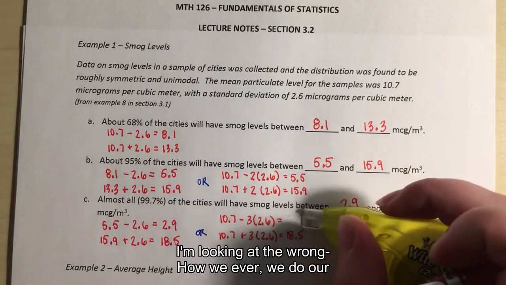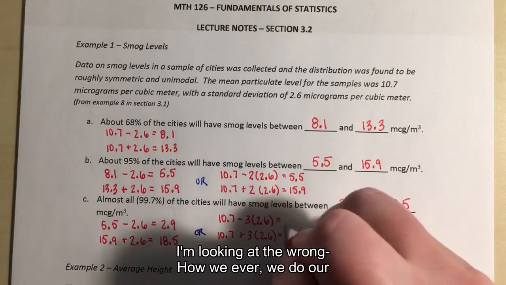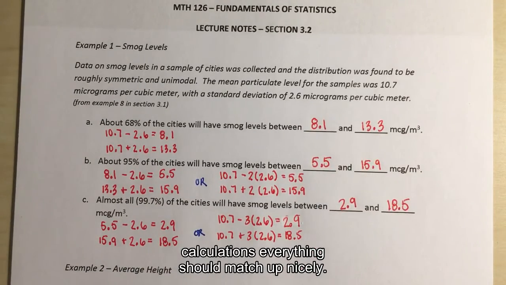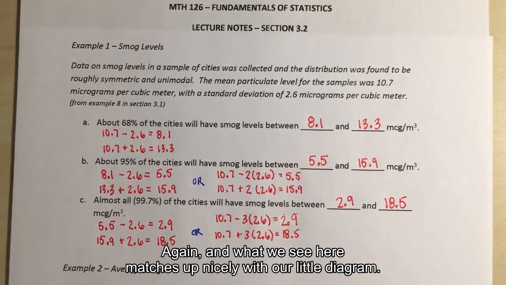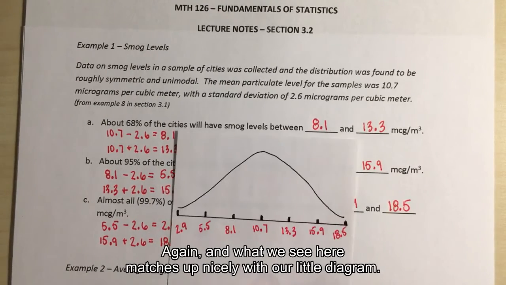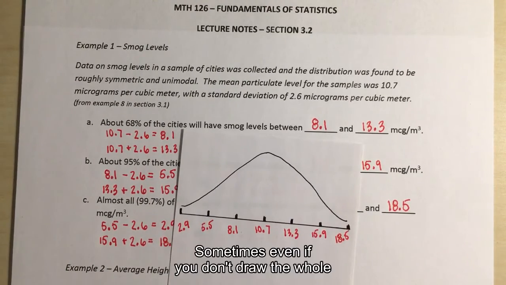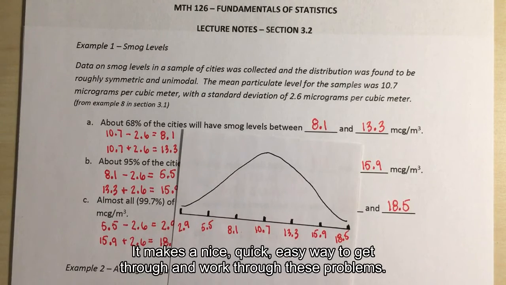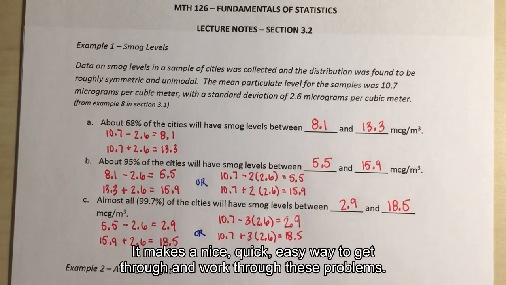Looking at the wrong one. And 10.7 plus 3 times 2.6 is 18.5. However we do our calculations, everything should match up nicely, and what we see here matches up nicely with our little diagram. Sometimes, even if you don't draw out the whole curve, just drawing yourself a little number line makes it a nice, quick, easy way to work through these problems.